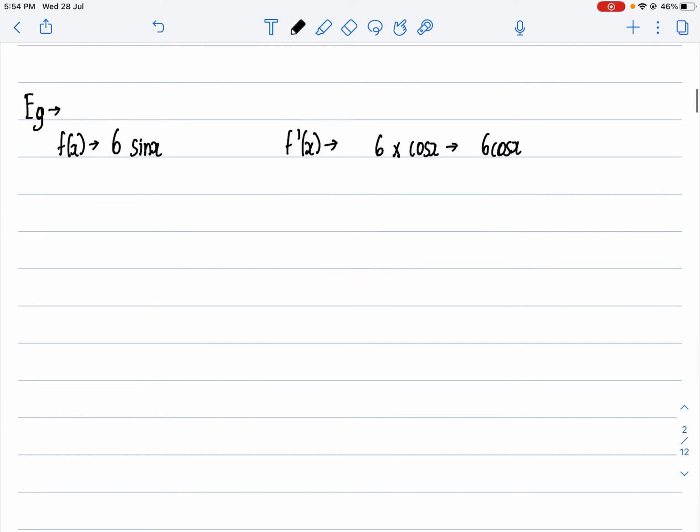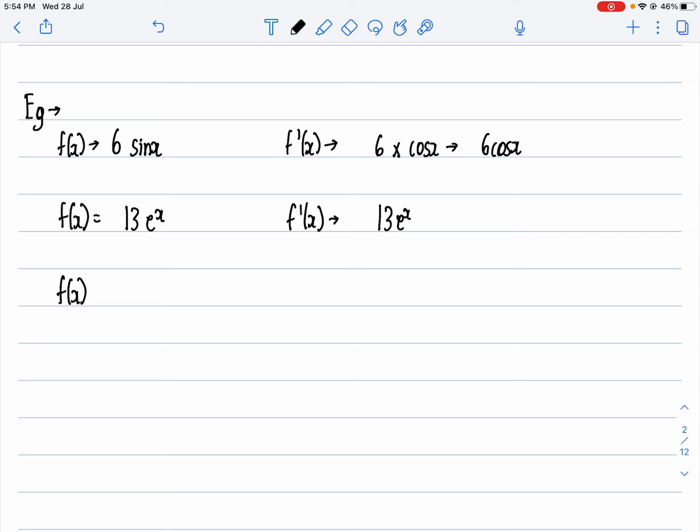In the same way, let's say if I have my f of x as 13 e raised to x, so my f dash of x should be the same, which is 13 into e raised to x, because the differentiation of e raised to x is the same. Okay, let me give 2 more examples.